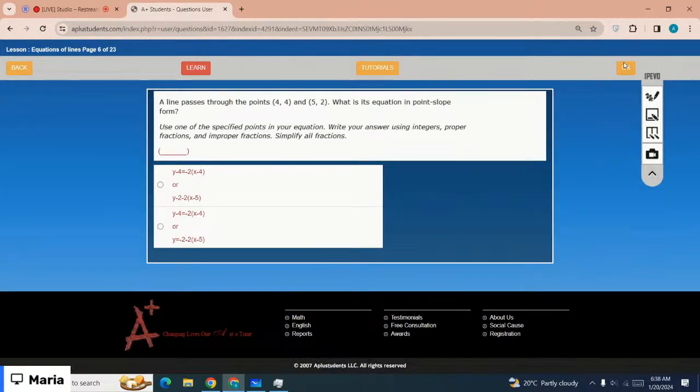Okay, the next one is a line passes through the points 4, 4 and 5, 2. What is its equation in point slope form? Okay, 4, 4 and 5, 2.